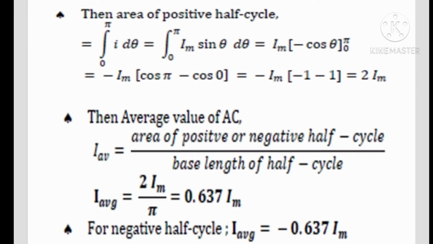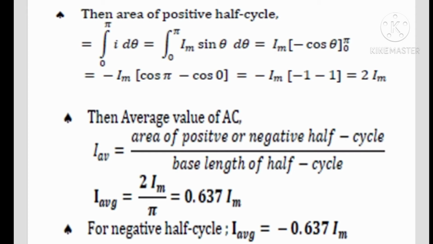Here small i is replaced as Im sin theta, which is equal to Im times minus cos theta from 0 to pi. Why minus cos theta? It is because when we integrate sin theta, we get minus cos theta. So we can write Im into minus cos theta from 0 to pi.